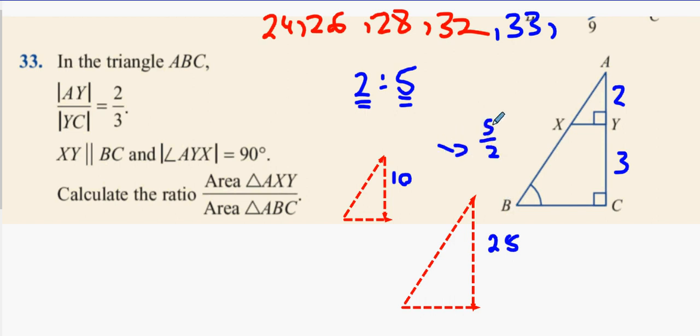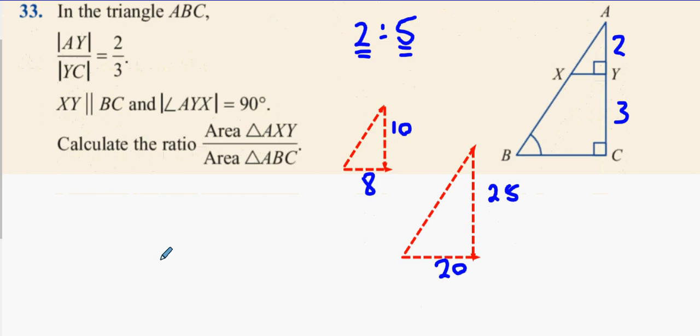Pick another number that's reasonably nice. I might just choose 8. Divide by 2 and multiply by 5, and what do I get? 20.